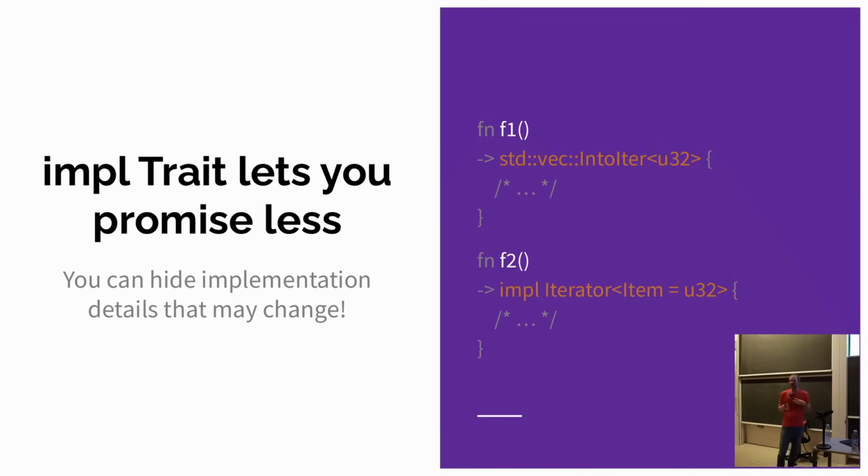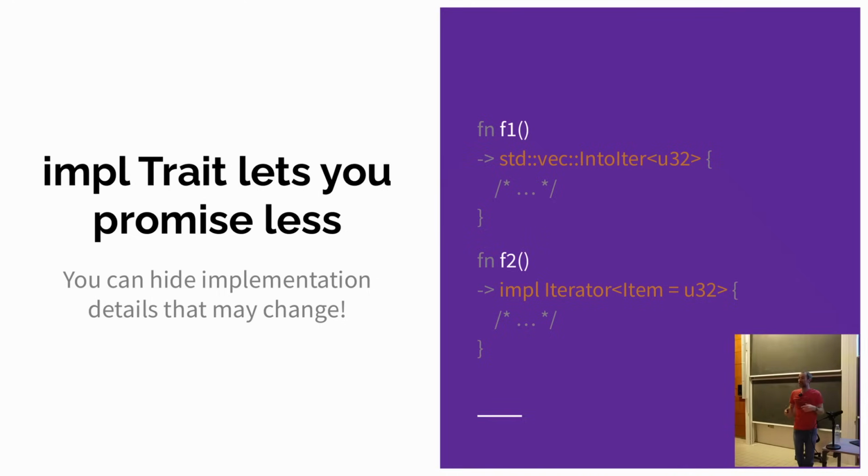Impl trait, one of its core features in this position, is that it lets you promise less about your APIs. So if you compare the two functions on the right here, f1 and f2, f1 promises that it returns the IntoIter type that you get back from vectors. So it promises that for all eternity in this API, I will return that type.